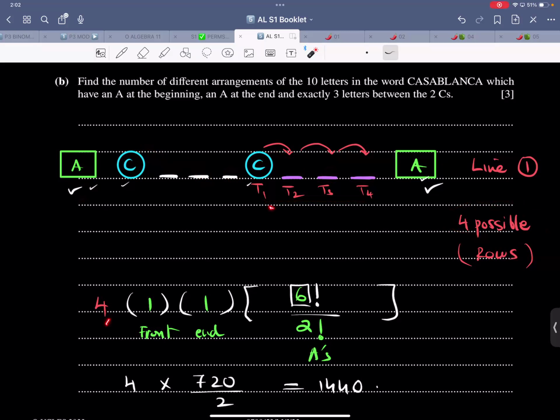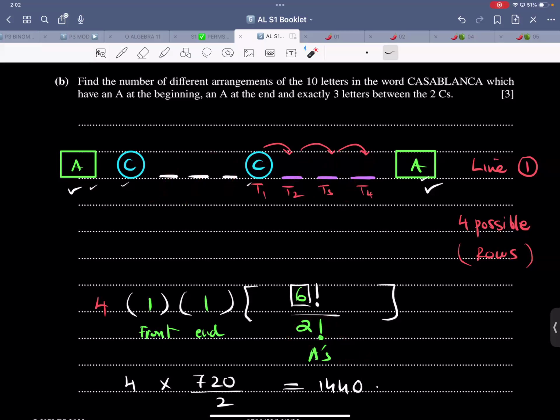This 4 is for these 4 rows. This one is for the front, this one is for the end. And then we have 6 factorial. The C's are also fixed, because you're just fixing the arrangement of the C's in each row. So you are left with 1, 2, 3, 4, 5, 6, out of which there are 2 identical A's.